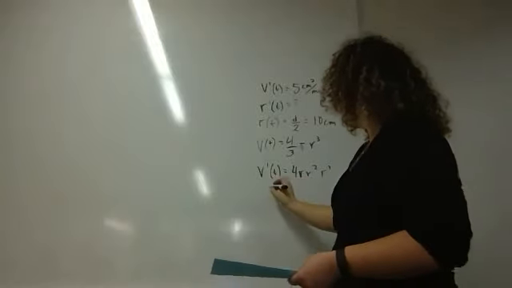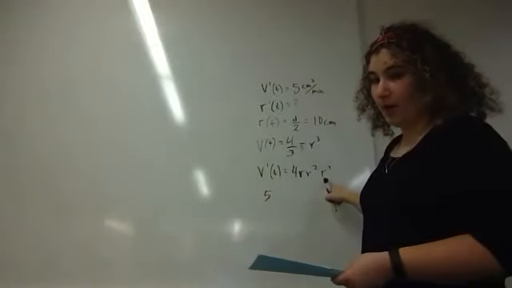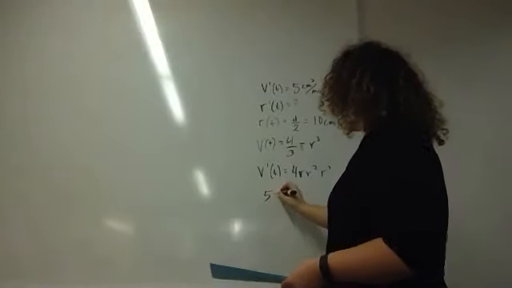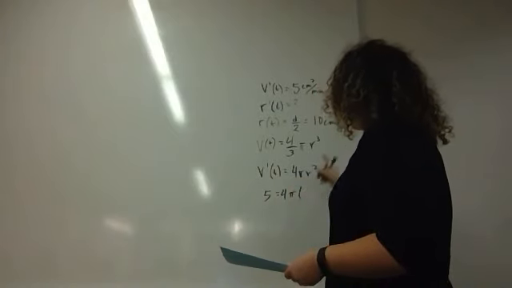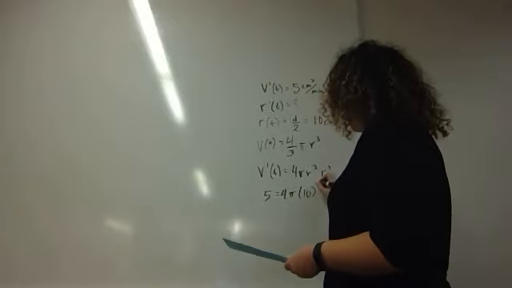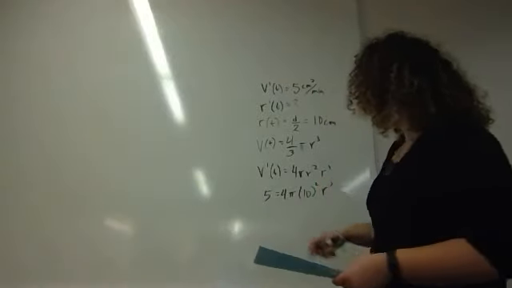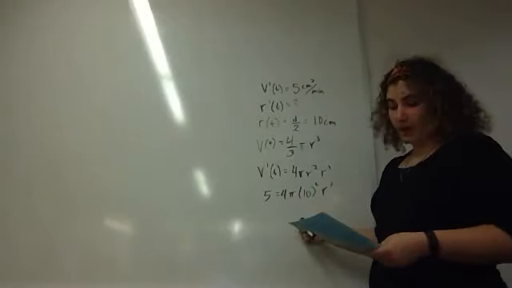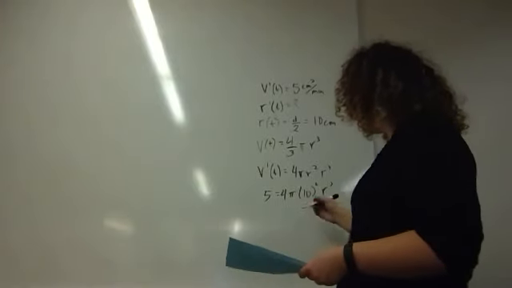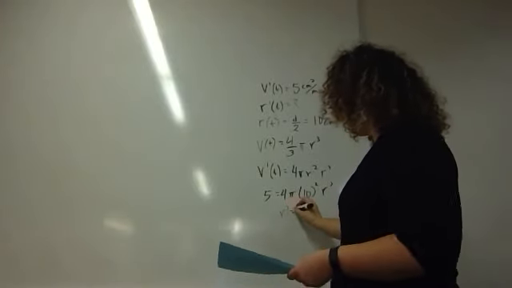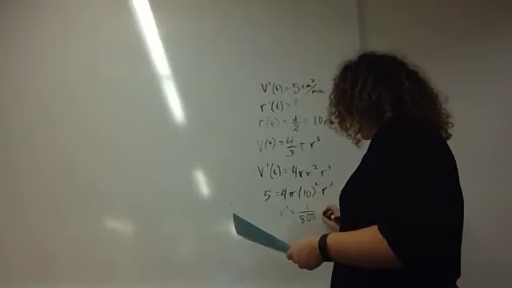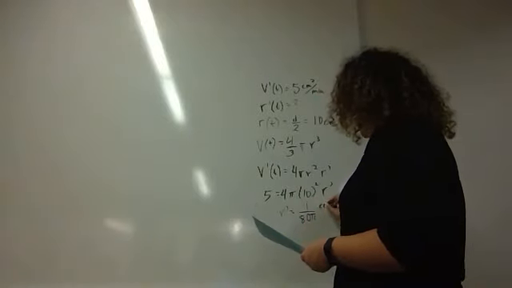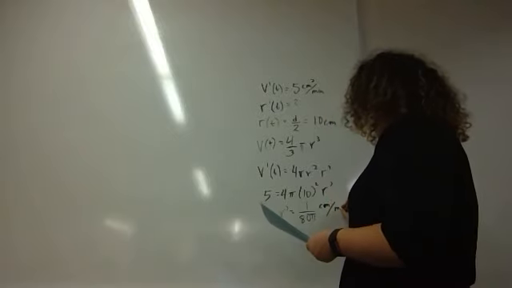So we plug in, and we're going to solve for r prime. So 5 equals 4 pi times 10 squared r prime, right? And then once you solve for r prime, you're going to get r prime equal 1/80 pi, and that's going to be centimeters per minute.